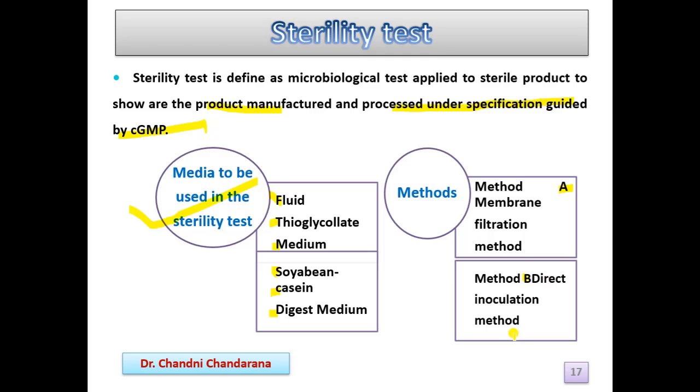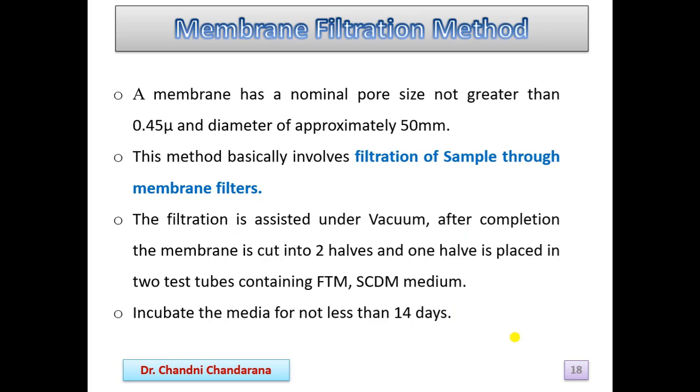Now we will see these methods in detail. First is the membrane filtration method. Here we have to do filtration, but we perform it by membrane filtration. We take a membrane with a nominal pore size not greater than 0.45 micron and a diameter of approximately 50 mm, and this method involves the filtration of a sample through the membrane filters.